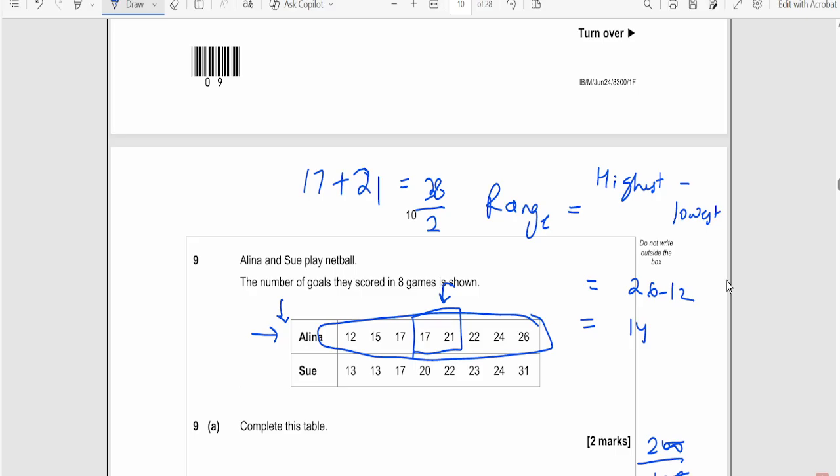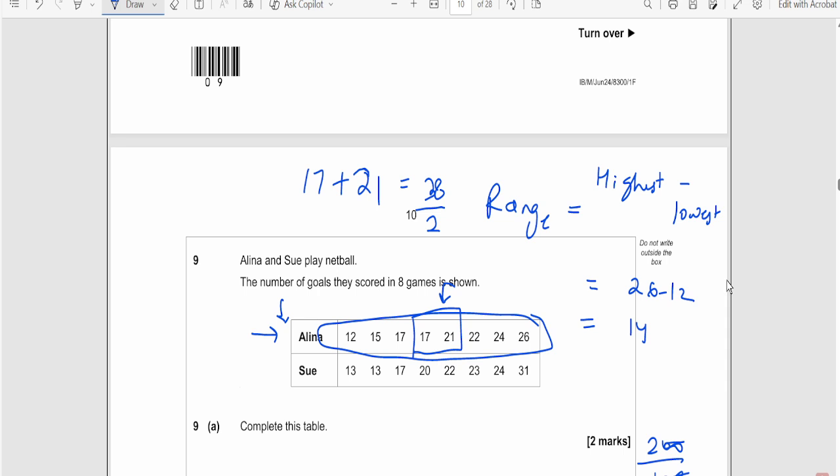So 38 divided by 2 is, is it 25? No. Divide again, this is an easy one, you can do it.